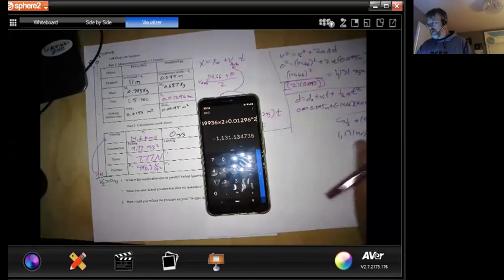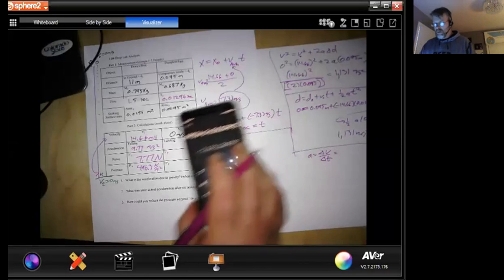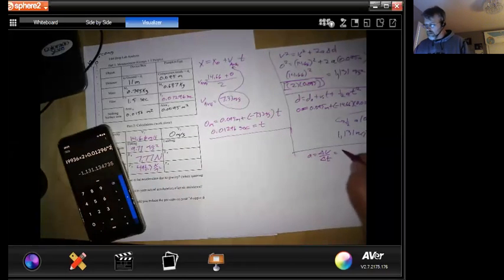Now let's say you want to be very thorough. This is a review video here. What happens if we just wanted to do acceleration equals our change in velocity over our change in time? Well, we still know our different velocities, and we still know our change in time.